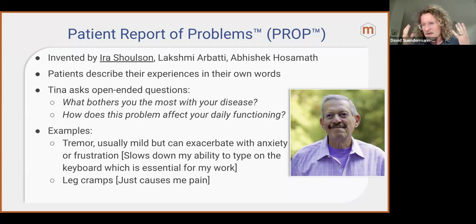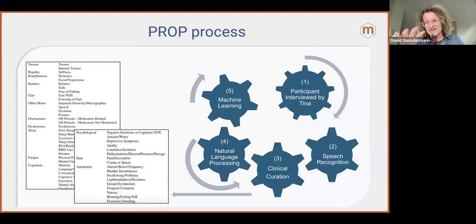We have compiled, for example, in collaboration with the Michael J. Fox Foundation, over 600,000 of such responses. And some of them are very, very detailed, with many tens of thousands of different expressions of those symptoms and problems. And this is the machinery which is really underlying the patient-reported problems.